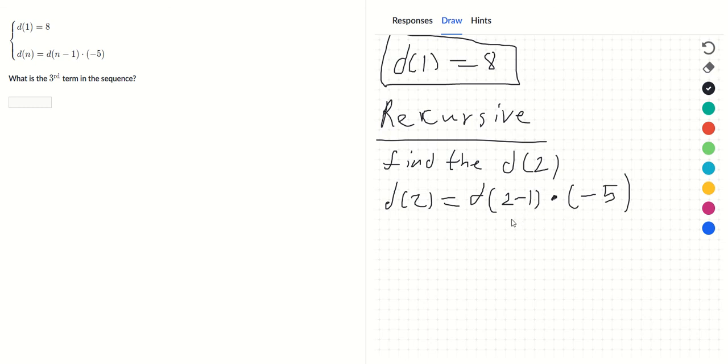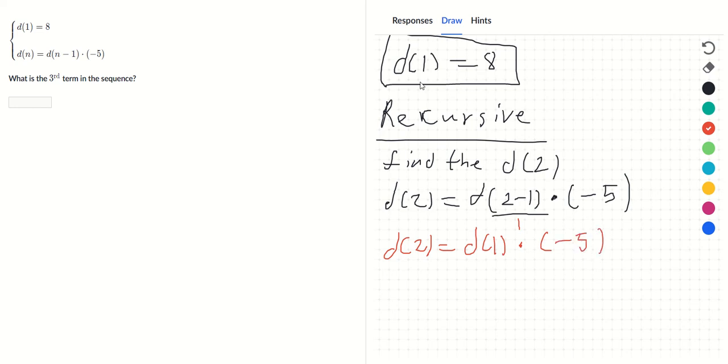Now you can see clearly here that 2 minus 1 equals 1. So that equals, let me just write it here so that you can see it better, d of 1 times negative 5.